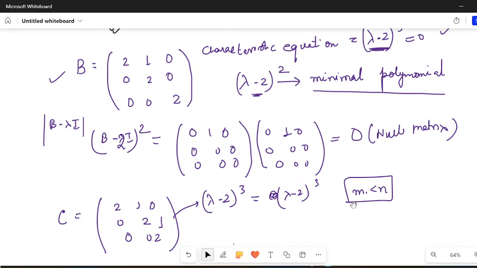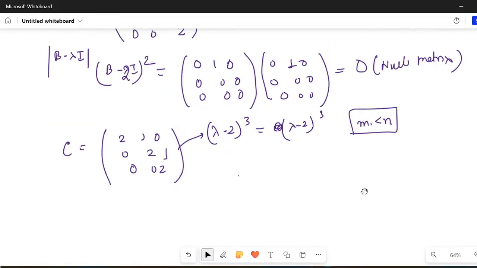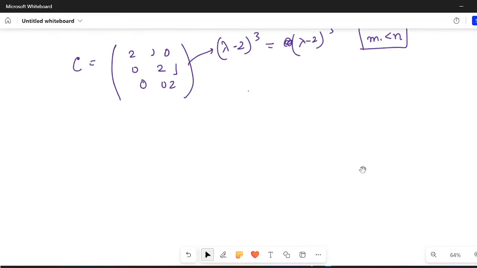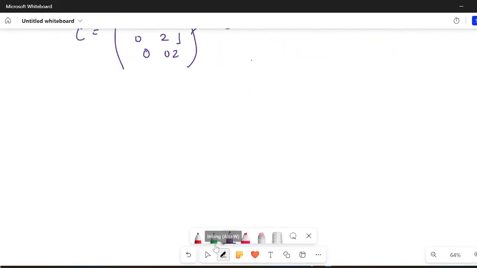Let us do one more important application. One of the applications that I taught you was to find the inverse. So for the Cayley-Hamilton theorem, the first application was finding the inverse. Now the second application, probably when we do diagonalization also, we can know.